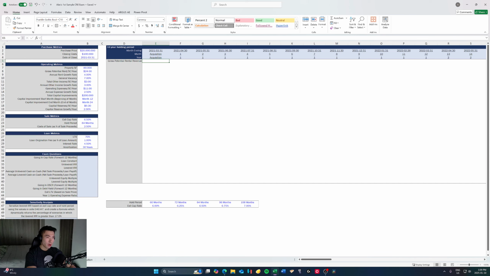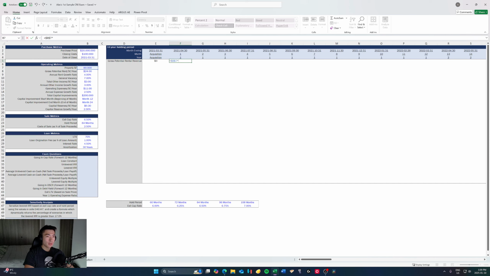Okay, so for our acquisition date, we're not going to get any rental revenue there, so we can just put a 0. And now we are going to model our first month of rent. That's going to be our property square footage, so B7. We click F4 to lock that cell, adding the dollar signs in front. That means as we move across the cells, it will not move.